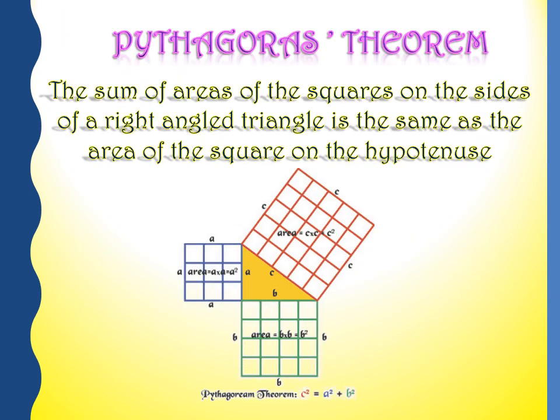Pythagoras Theorem states the sum of areas of the squares on the sides of a right angle triangle is the same as the area of the square on the hypotenuse.